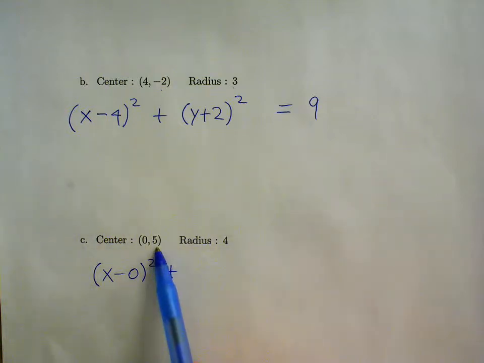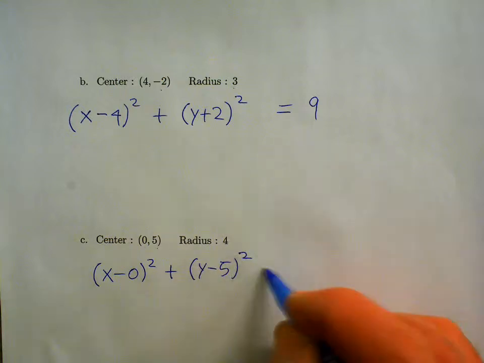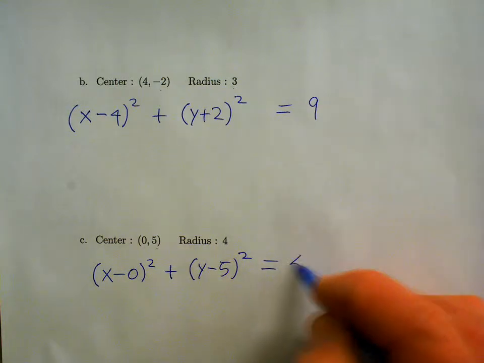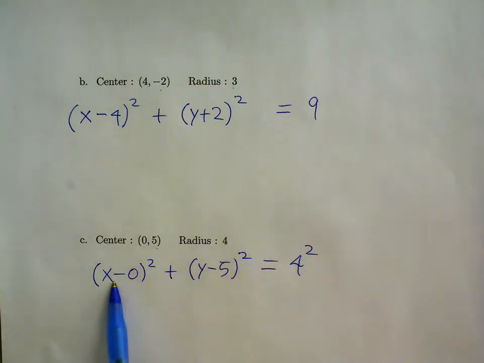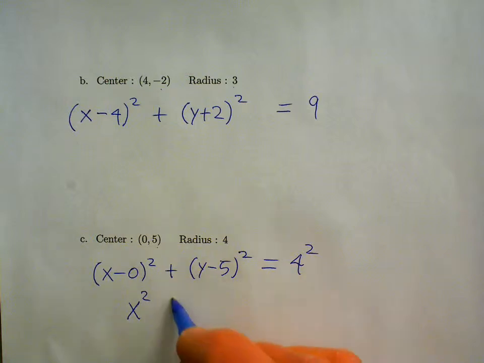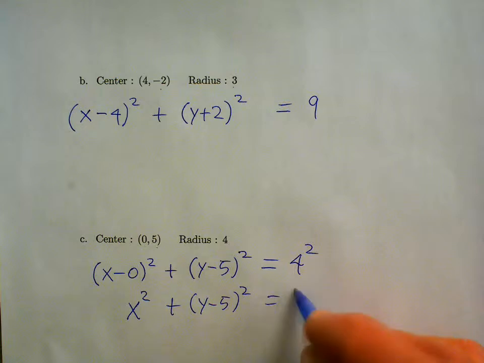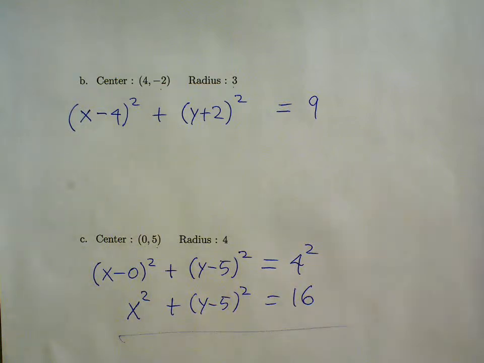The y-coordinate is 5, so we have y minus 5 quantity squared, and that's equal to the radius squared. When we have something like x minus 0, we can just write it as x squared, and then plus (y minus 5) squared equals 16. That is the standard equation.